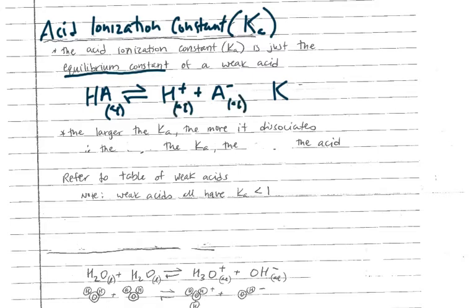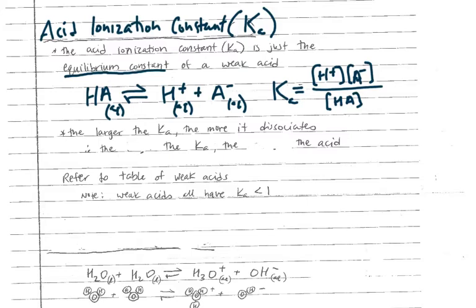All right. The equilibrium constant for this expression is just the concentration of the products over the concentration of the reactants. All right. And since this is an acid, we just put a little subscript A there, and we say that it's the equilibrium constant of an acid, or the acid ionization constant.